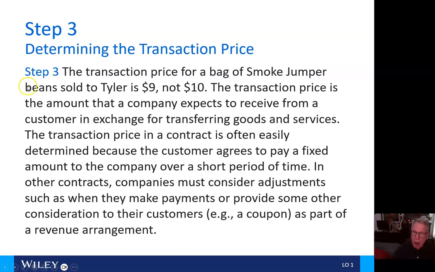The transaction price in a contract is often easily determined because the customer agrees to pay a fixed amount to the company over a short period of time. In other contracts, companies must consider adjustments, such as when they make payments or provide some other consideration to their customers. For example, a coupon as part of a revenue arrangement.